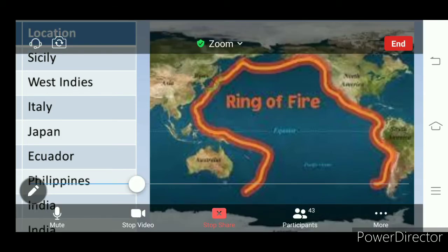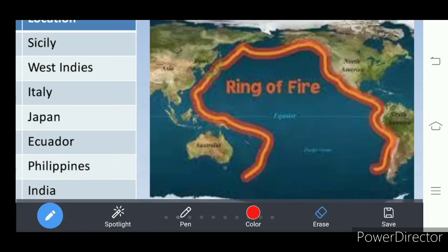So what is this ocean? It is the Pacific Ocean. Dear students, it is the Pacific Ocean. So here it is South America, North America, then it is Asia, and it is Australia.